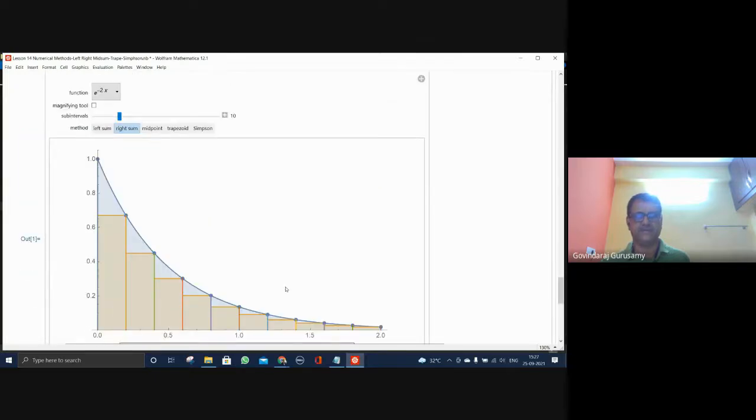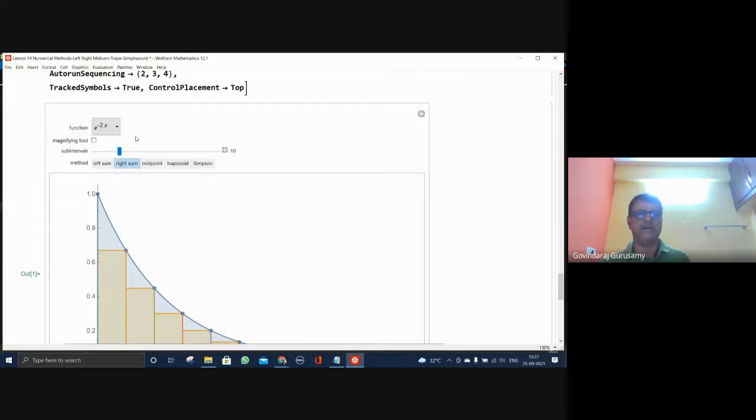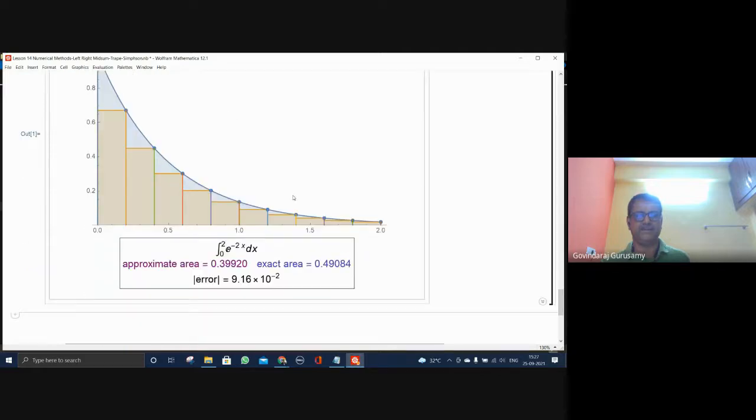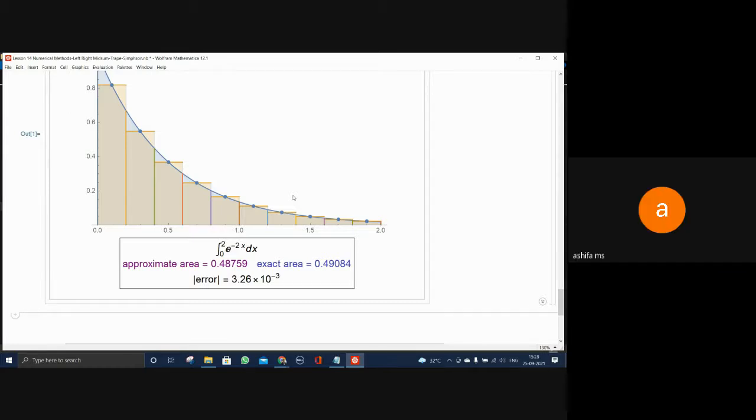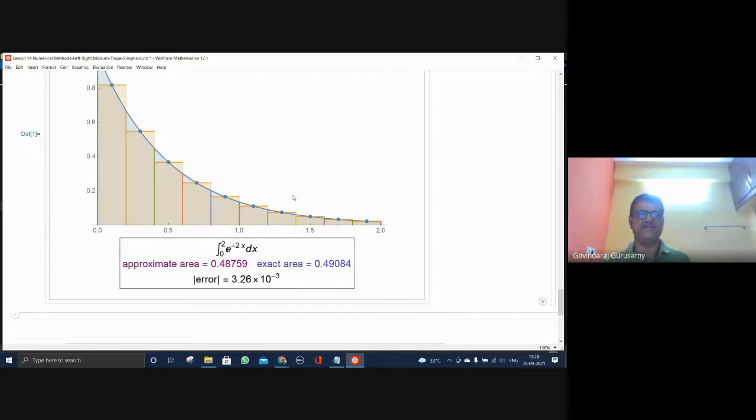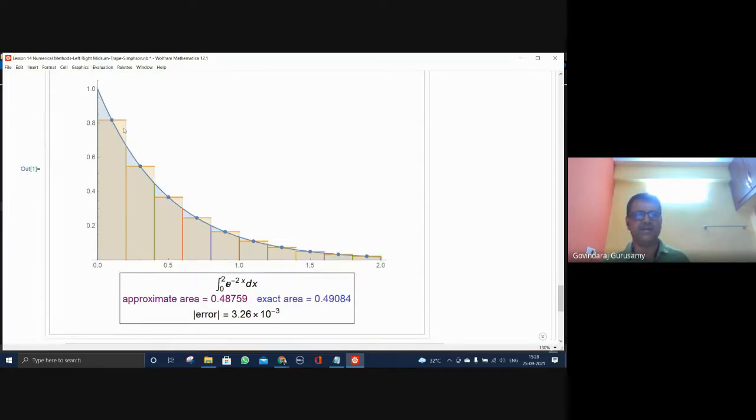Now the same 10 points, midpoint. If you do it, what happens? What happened? It's better, much better. The error has reduced considerably, by half of the previous one, or even more than that. Because everywhere you find only a small bit.